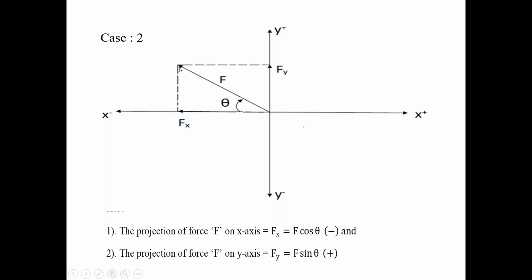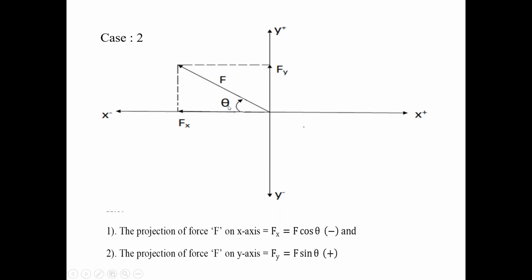Similarly, put your pen in the direction of force F. Bring the pen onto the y-axis. Indicate the direction of your pen nib on the y-axis. This is the direction of the pen nib. This direction is towards the positive y-axis. So in condition 2, the force F is in the second quadrant. With x-axis, it is making the angle theta. So Fx is equal to F cos theta.